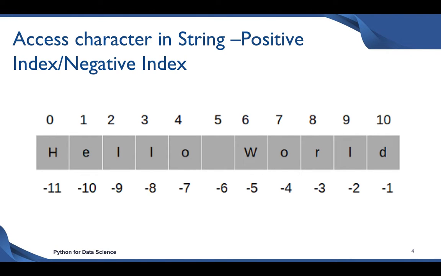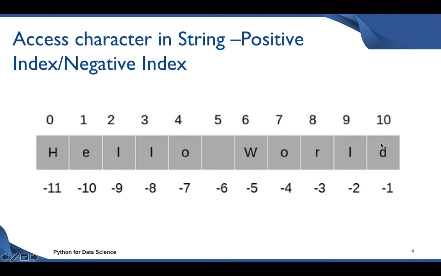Okay, so now we'll see how to access a single character in a string. That is done by positive index. Indexing starts from 0 and negative indexing starts from -1 to the end of the length of the characters, or the element which is present at the end position, right?